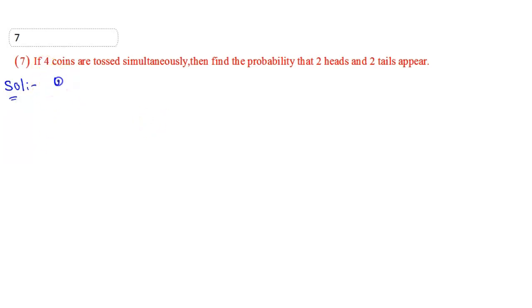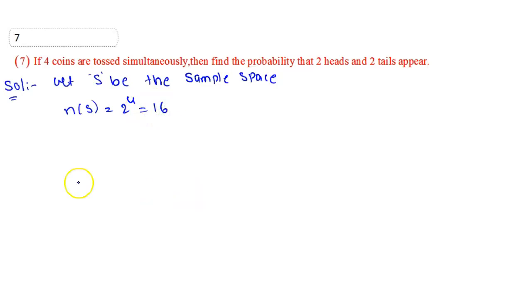Let S be the sample space, right? And n of S is equal to, how many coins are we tossing? 4 coins. That is nothing but 2 to the power 4, which equals 16, right?